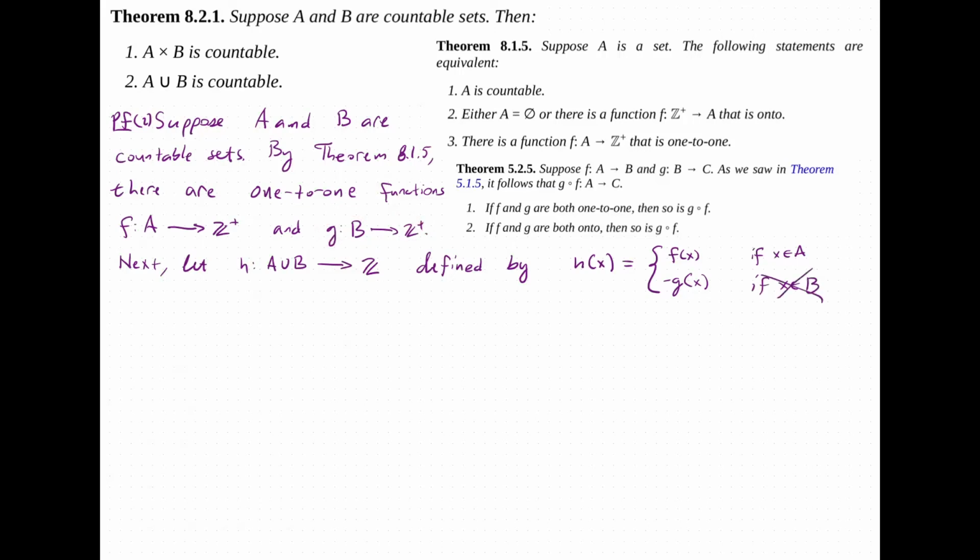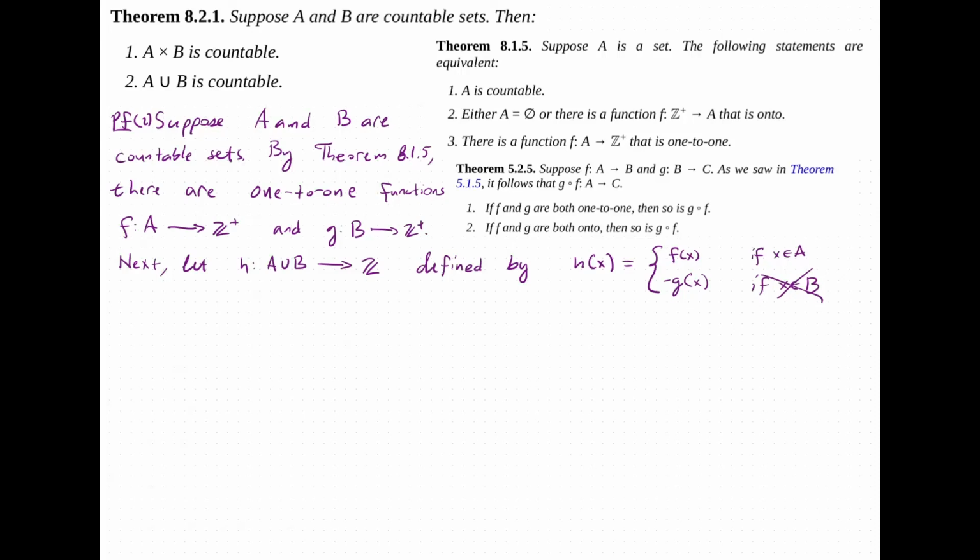Because an input that lies in the intersection of A and B, if it were non-empty, would have two different outputs. So we can't just say that we're sending x to negative g of x if x is in B, but rather we want to take the set difference.